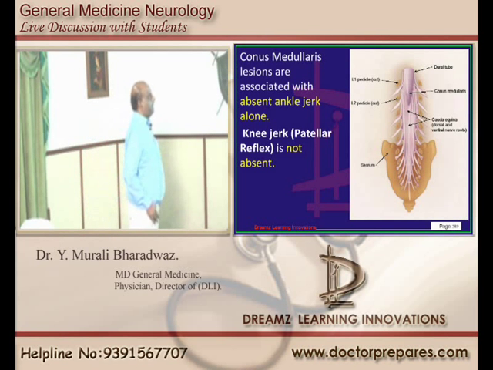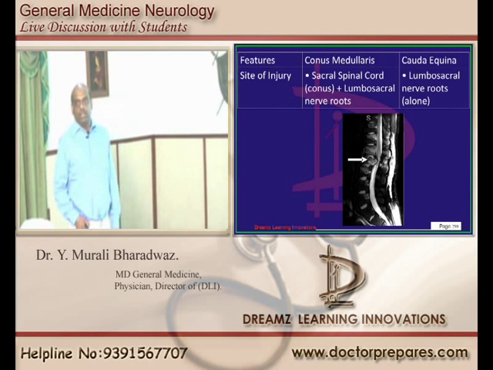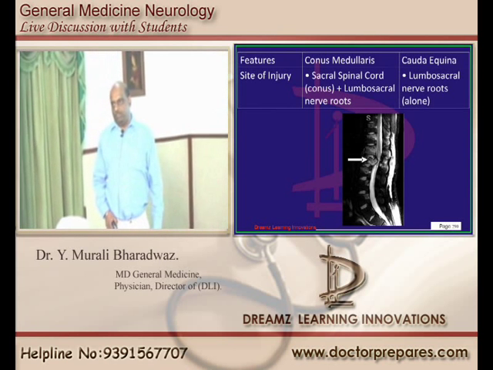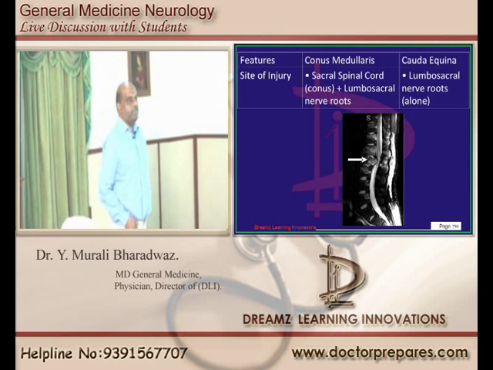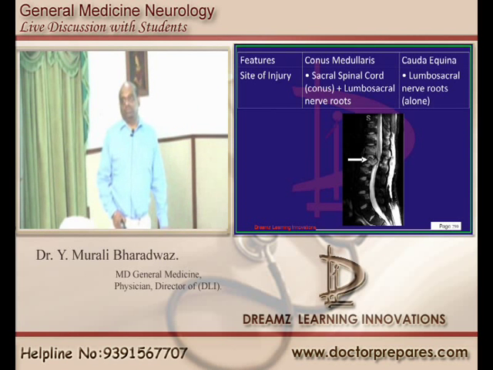So now let us look into the differences. In conus medullaris, what is involved? The sacral part of the spinal cord is involved, and lumbosacral nerve roots are involved. Whereas in cauda equina, only the lumbosacral nerve roots alone are involved. That's the only difference.